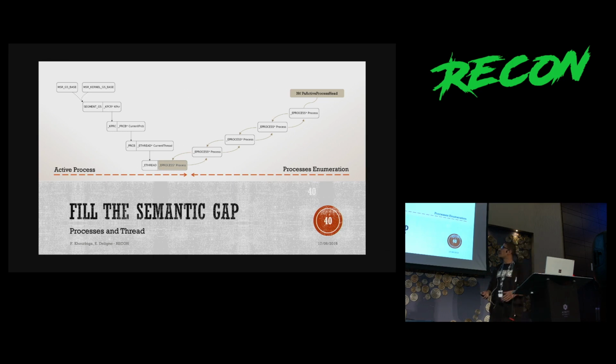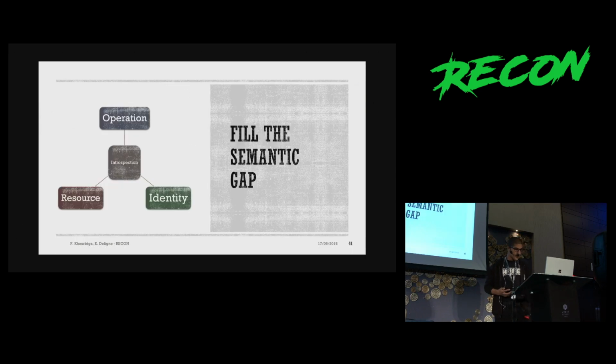But if you want to get information faster about the current process performing the action, the other path from the left is better. You start from the MSR GSBase or MSR kernel GSBase and go through the KPCR, PRCB, and threads, and you can find the EPROCESS object and the image file name and all the information that is friendly for the analyst.